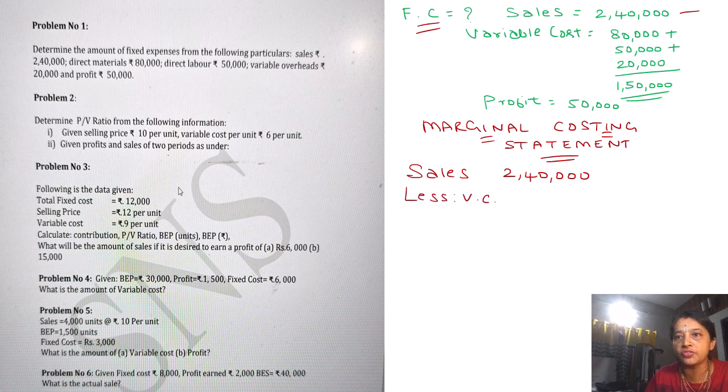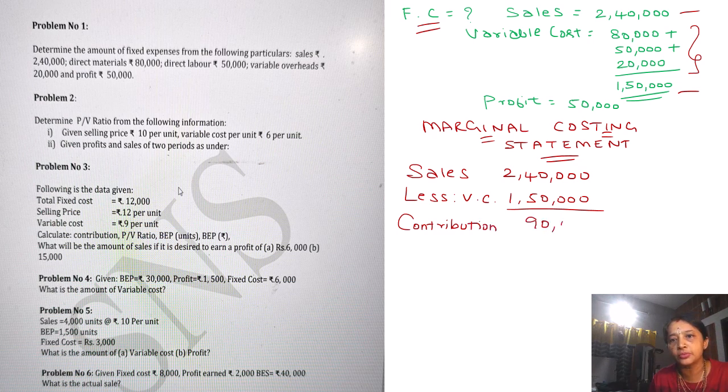We found out the variable cost total of all the three. So variable cost is 1,50,000. From sales, if you subtract variable cost, you will get contribution. How much is the contribution? Contribution is 90,000, that is 2,40,000 minus 1,50,000.